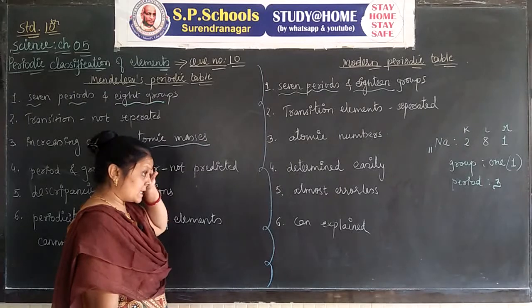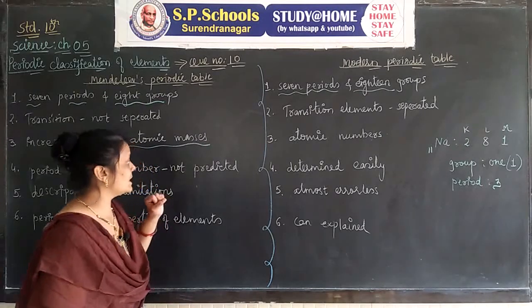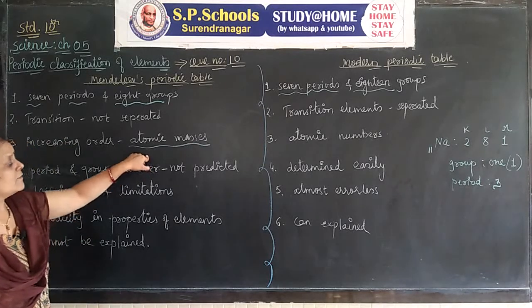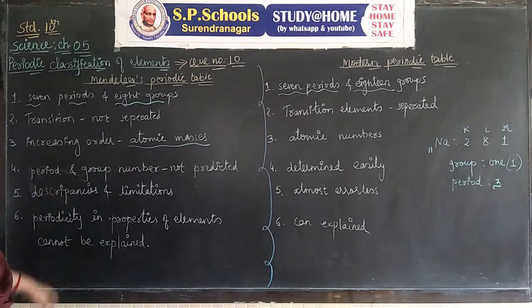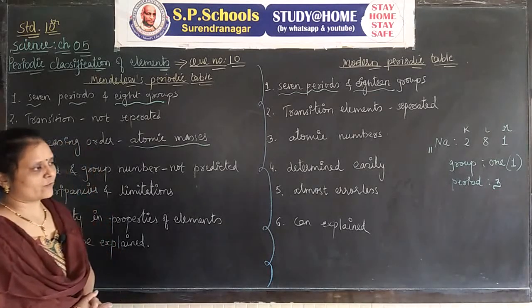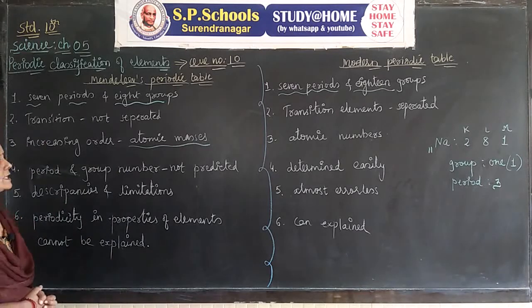The limitation arises in Mendeleev's periodic table: according to masses, we cannot determine the group number and period number. Mendeleev's periodic table has discrepancies and limitations, while in comparison, the modern periodic table is almost errorless.